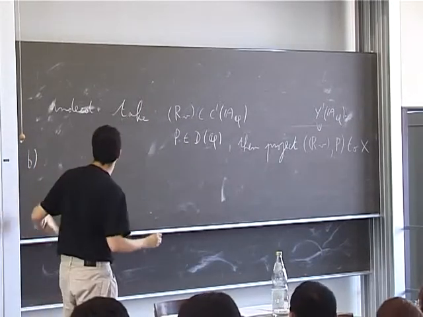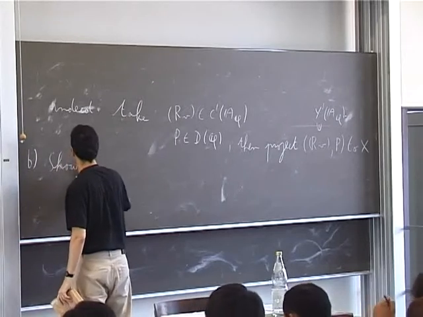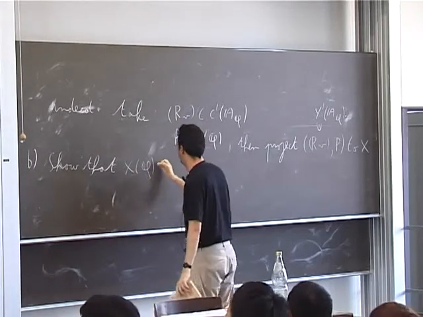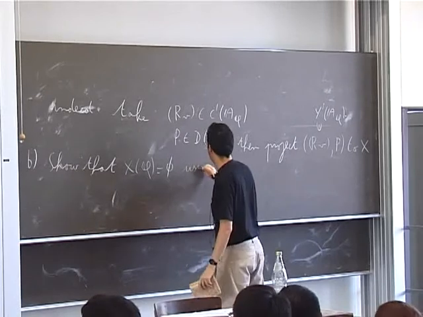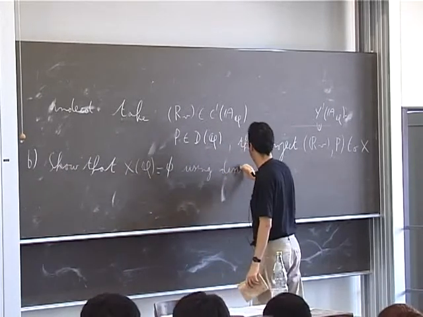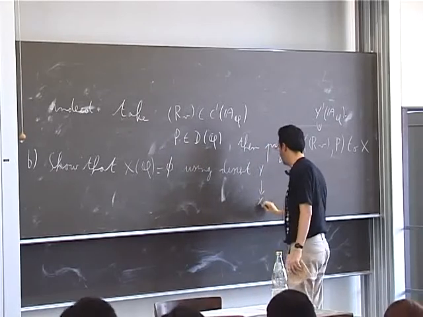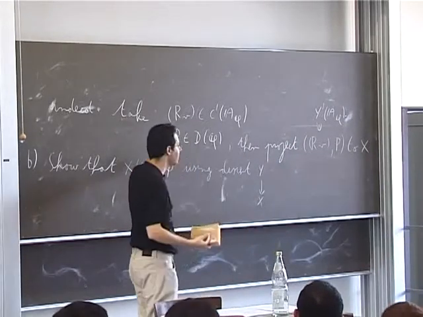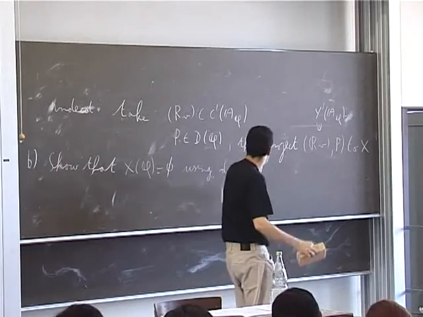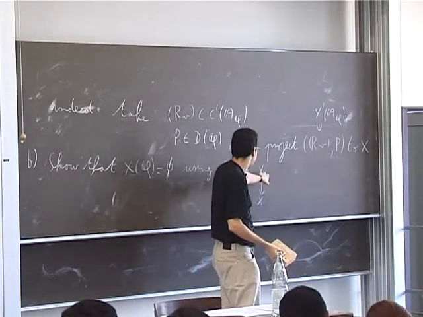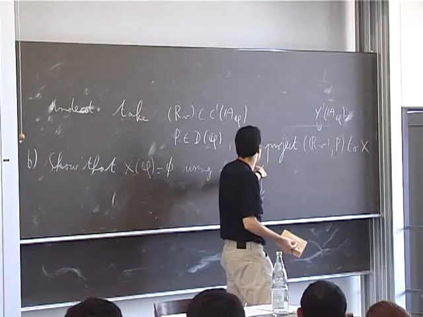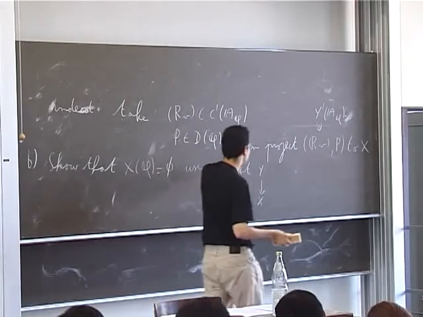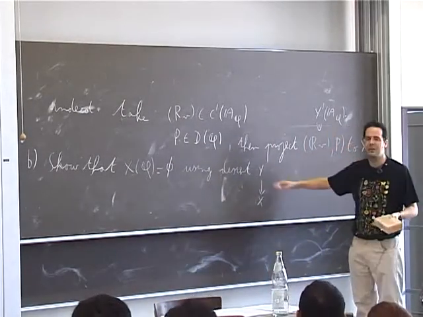And the second part is easier. You show that X(Q) is empty, just using descent from Y to X. Because if you remember the descent statement yesterday, the set of rational points of X is obtained as projection of a set of rational points on the various twisted torsors of Y. But in Skorobogatov's example, it's easy to check that only two twists have points everywhere locally, Y and one other twist.